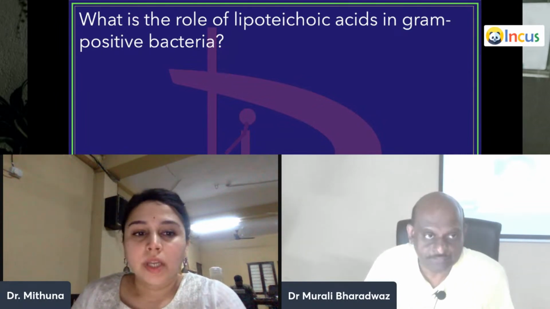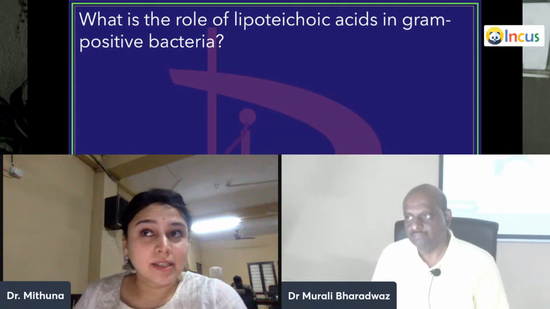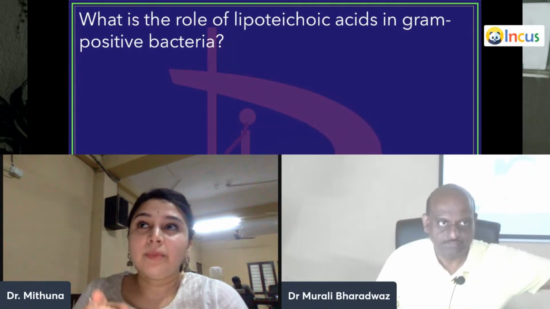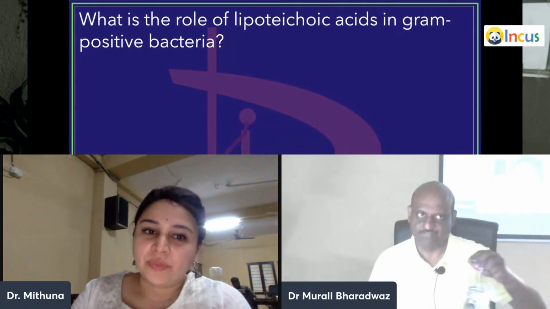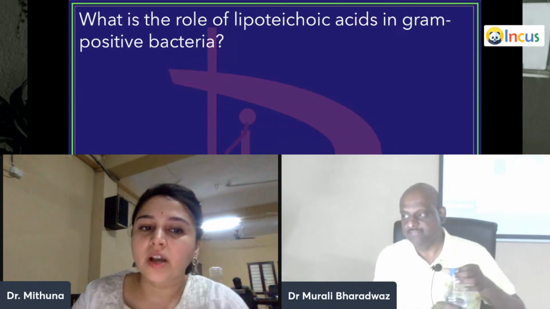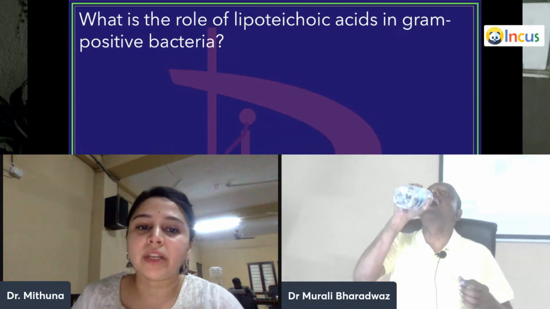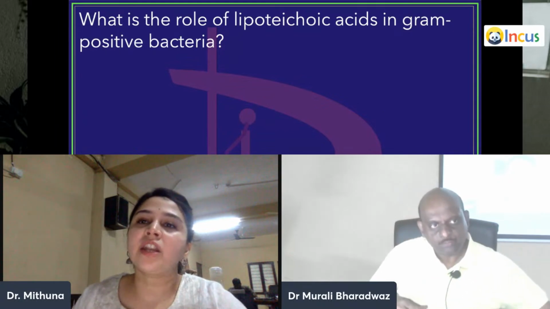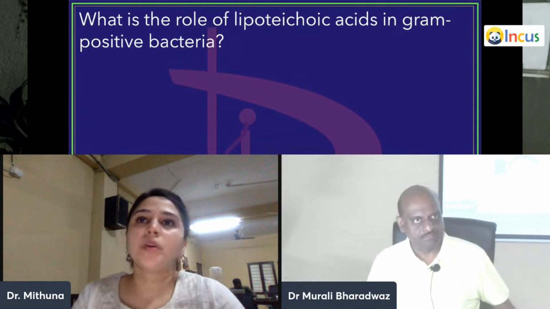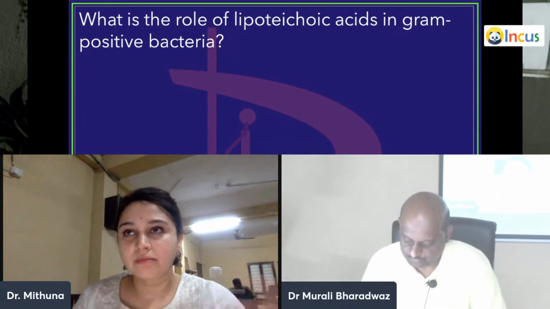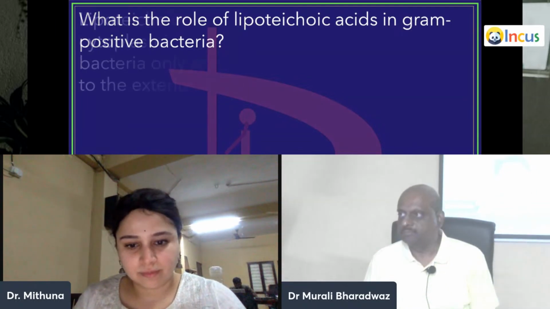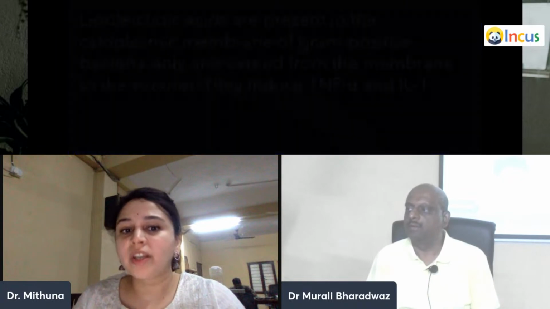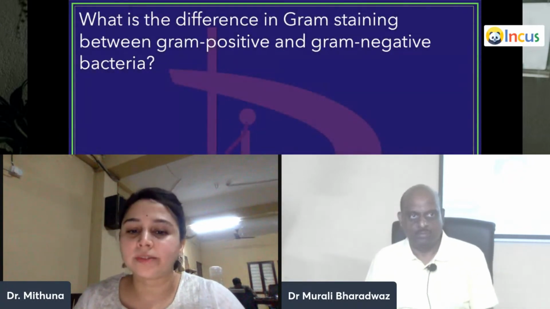Dipicolinic acid is gram-negative, sir. Lipoteichoic acid is gram-positive. They are present in the gram-positive cytoplasmic membrane or plasma membrane. They induce TNF-alpha and interleukin-1. That's how they act over the host cells, by causing destruction. Tumor necrosis factor and interleukin-1.